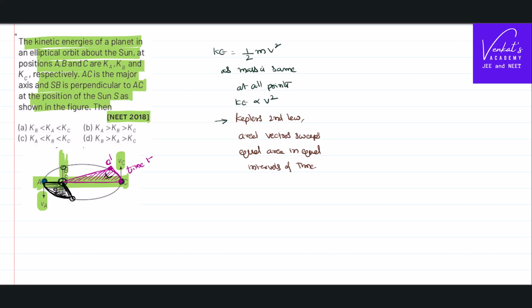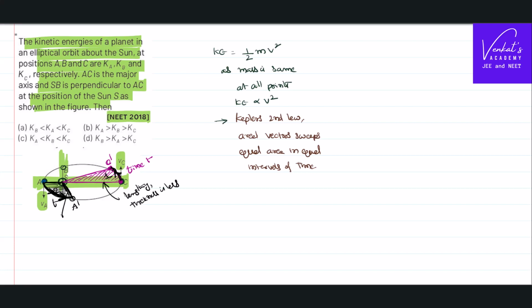So in the same time t, it moves from A to A dash, which covers more distance on this elliptical path when compared with this distance, isn't it? To have equal area, as this areal vector is lengthy, its thickness is less.